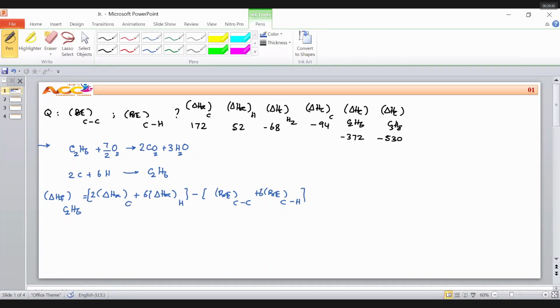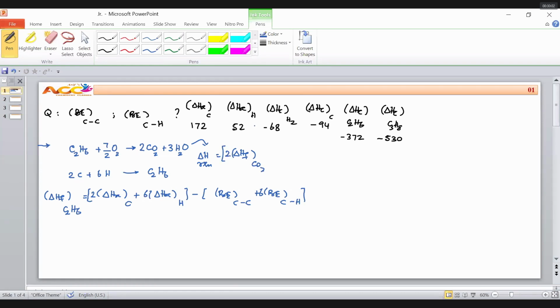Now, enthalpy of formation. There will be a big doubt in your mind. Sir, formation of this is also not given. No problem. I'll create it from here, because enthalpy of reaction is equal to enthalpy of formation of carbon dioxide, 2 times. Is it given to you?